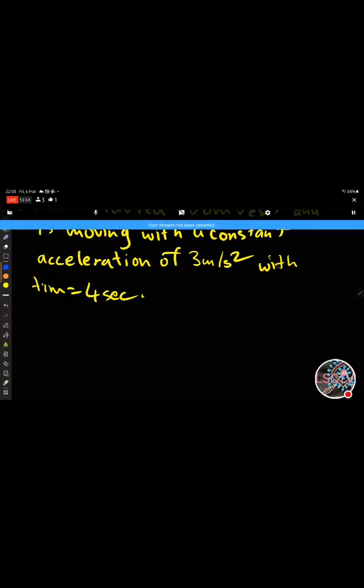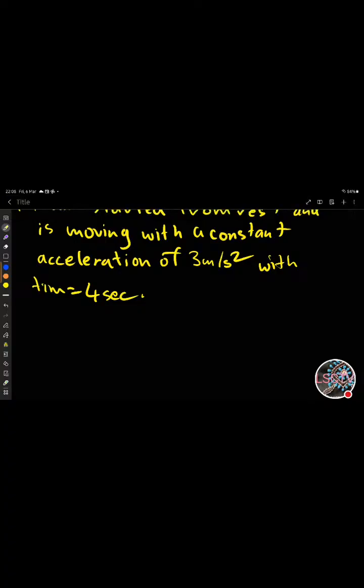Okay, so a poll has started. Find out the final velocity and give me the answer. Does anybody do the question? Please solve the question and give me the answer.